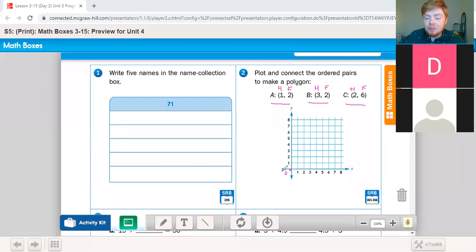There we go. Demetrius, where am I going first? Up or over? Hallway. Hallway, yes. Good. So guys, I'm going over 1. I went to the first hallway.